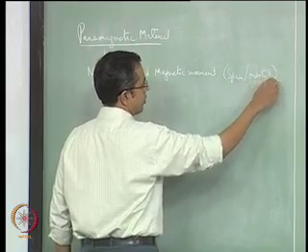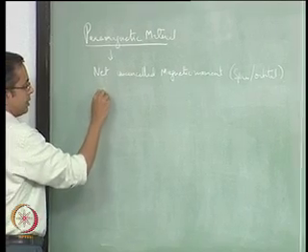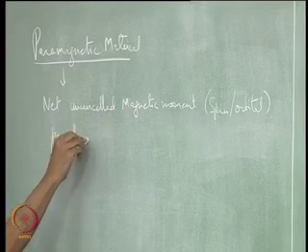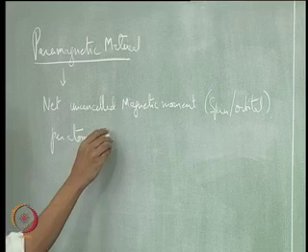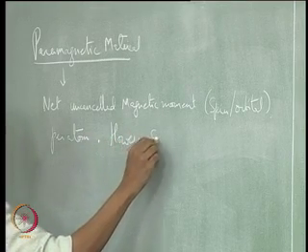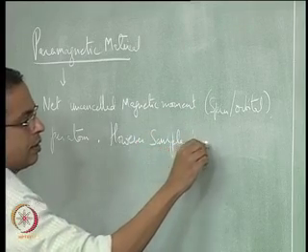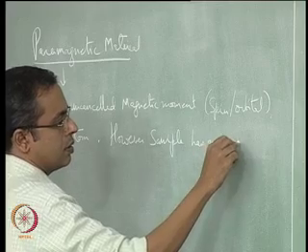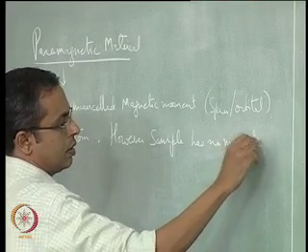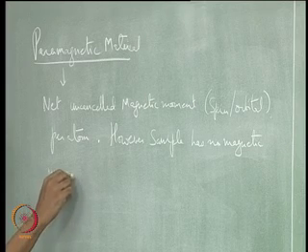It does not matter what the origin is, spin or orbital. Net uncancelled magnetic moment is there on a per atom basis. However, the sample has no magnetic moment in the absence of an externally applied field.